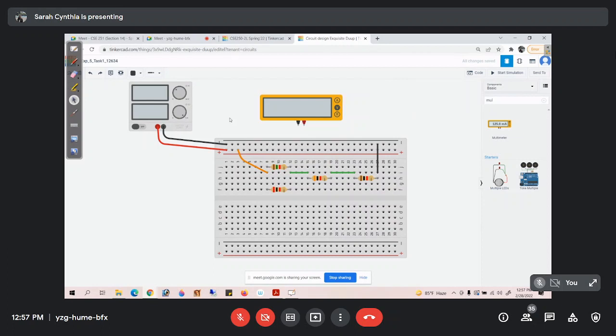So ma'am, do we need to make a report from this? No, you just have to build this circuit on Tinkercad, and what you might have to do is create a data sheet. The data sheet will consist of all the values of voltages and currents.